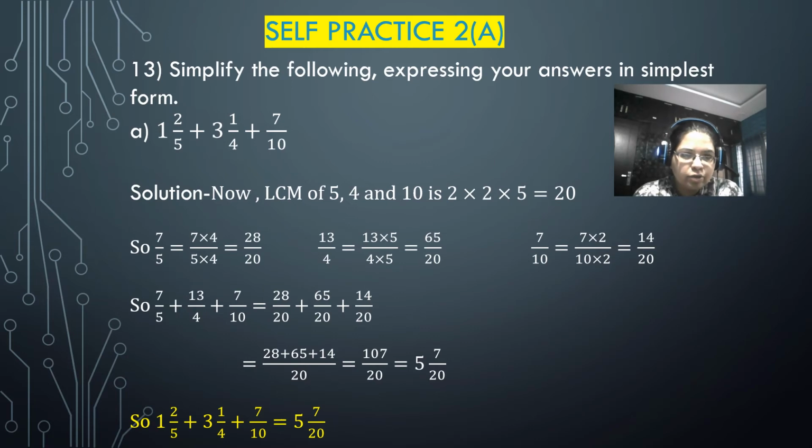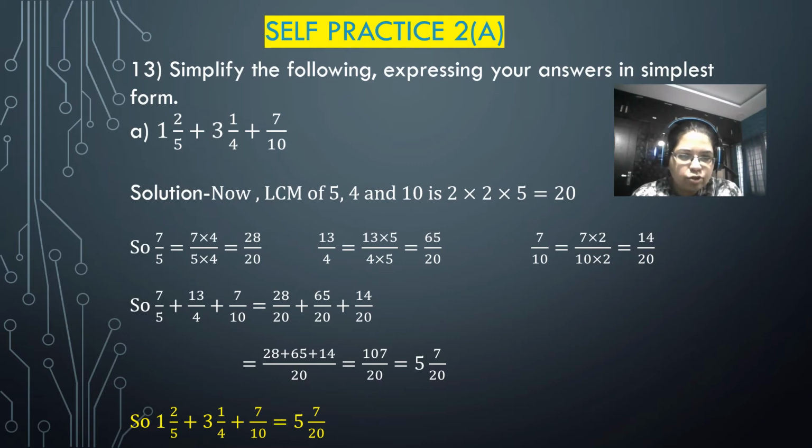Now we have to convert these fractions into equivalent fractions, that is, find the LCM and multiply the numerator and denominator by the same number to get the equivalent fraction.